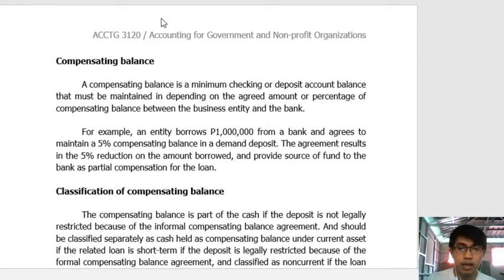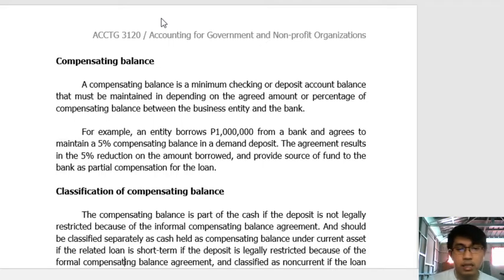So, let's try this. For example, nag-open ka ng iyong ATM or yung savings account mo, di ba? Normally, for example, sa Land Bank, meron yung 500 peso na minimum or maintaining balance. Na once na na-withdraw yung maintaining balance na yun, ay mako-close yung iyong bank account.